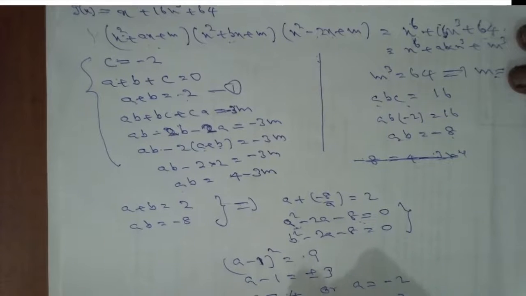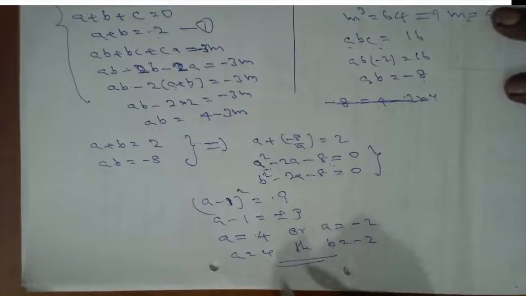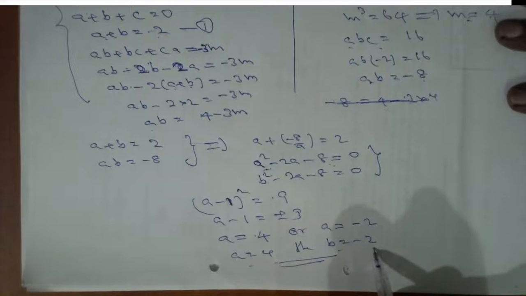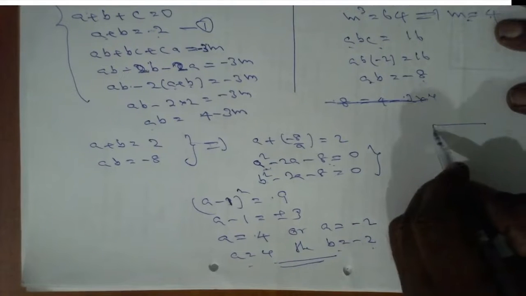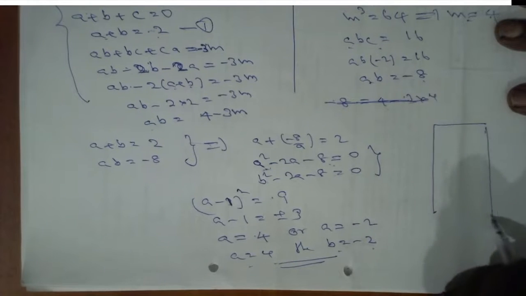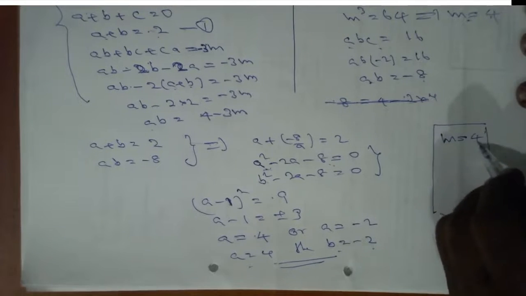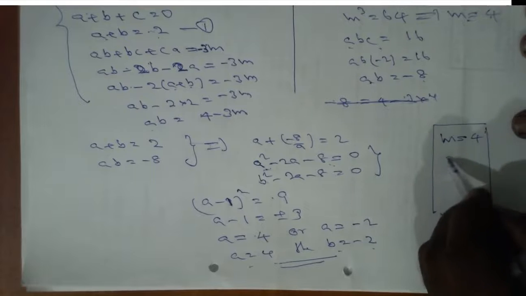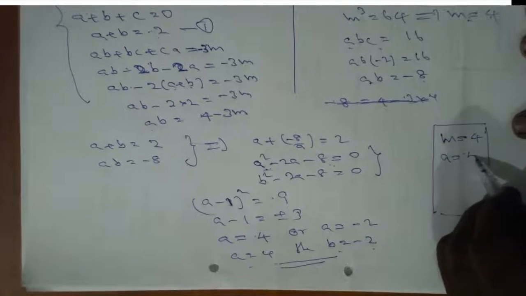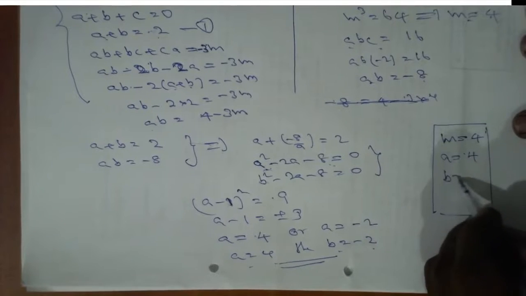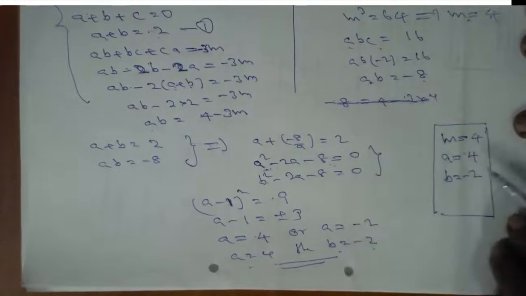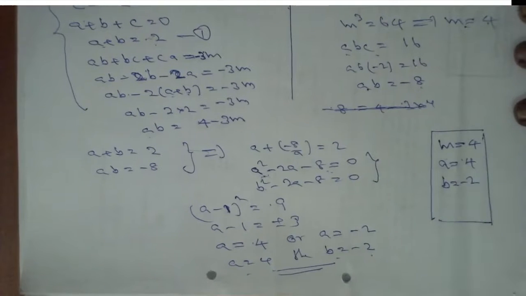Therefore, you can find these three values: m equals 4, a equals 4, b equals minus 2. Like that you can find the three requested values, right?